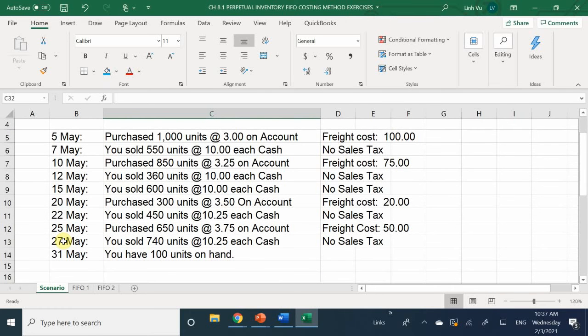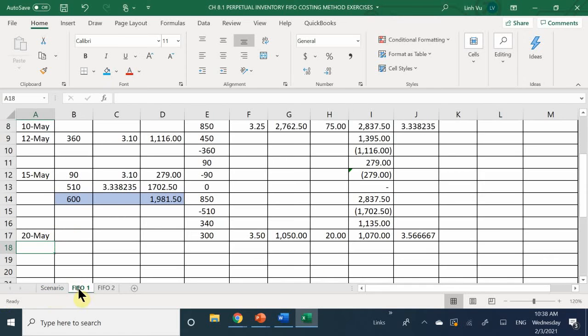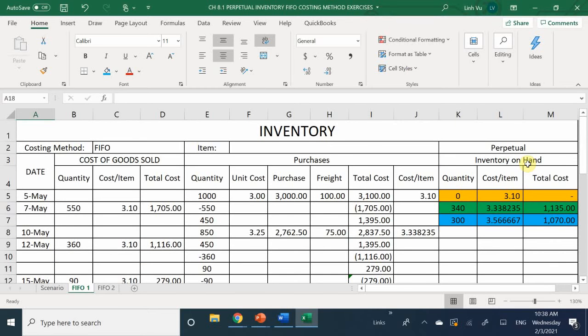We sold an additional 450 units. Now let's determine, do we have enough to sell 450 units? Yes, we do. But we're going to get rid of the whole green batch, and we're also going to dip into our blue batch.